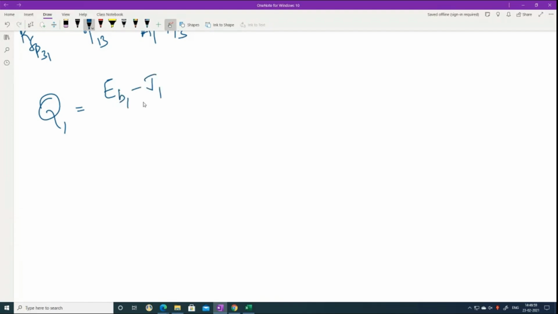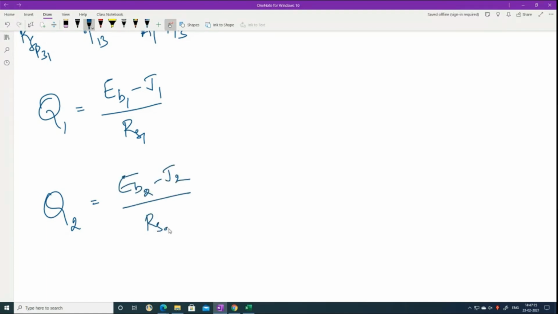Very good. We need Q1 and also Q2. Tell me, what is Q2? EB2 minus J2 by RS2. Good, correct. You have the RS2 and RS1 values with you. Fine, so can you find what is EB1 and what is EB2?